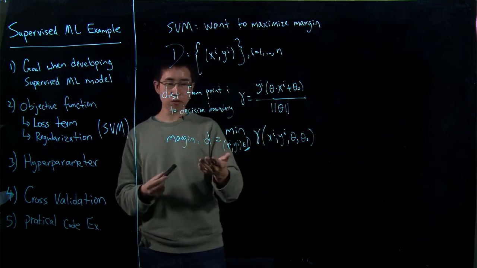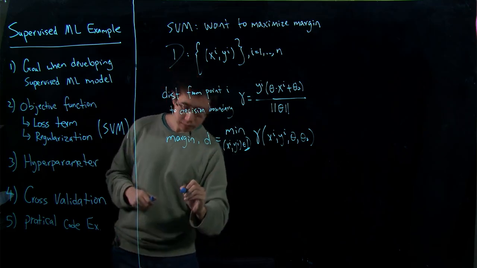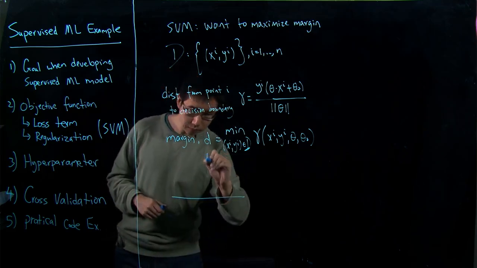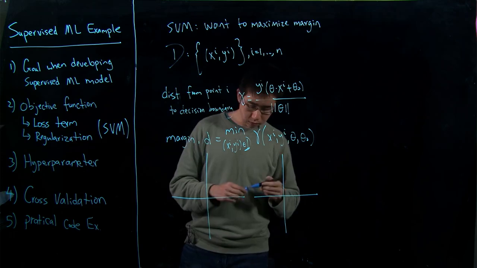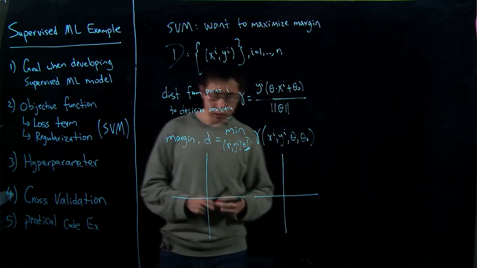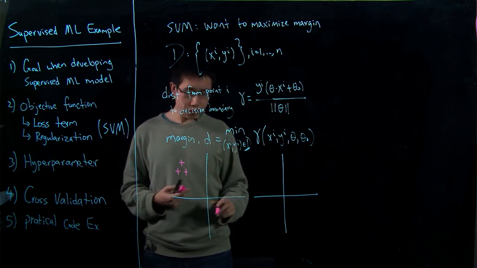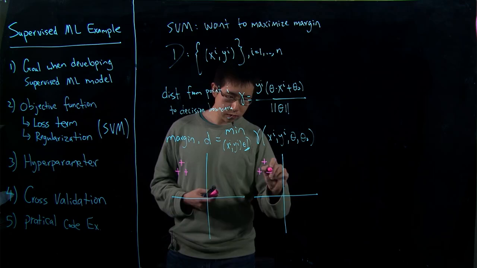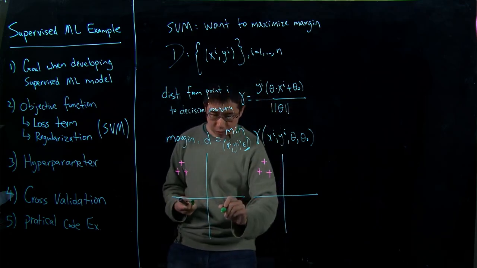So what does this margin look like graphically? Let's draw some pictures. I'm going to draw two identical data sets here, and for each, there are some positively labeled points and some negatively labeled points.